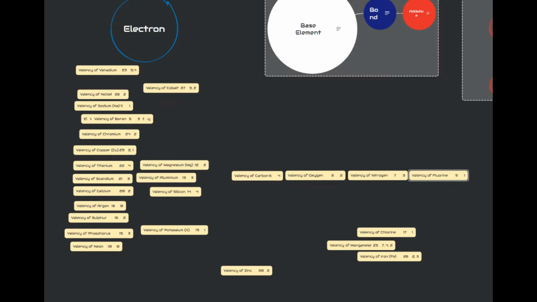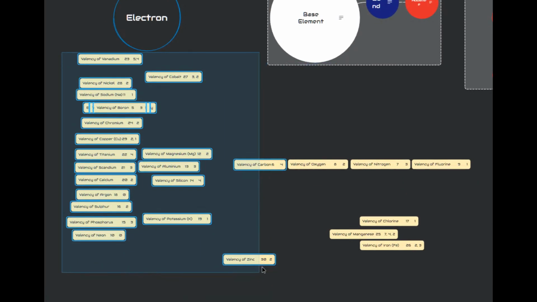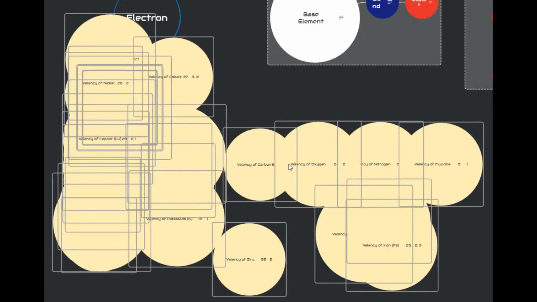Okay, so how did I do this? So fluorine. Can we make these into little squares? Actually, no, make more squares. We'll turn them into circles.